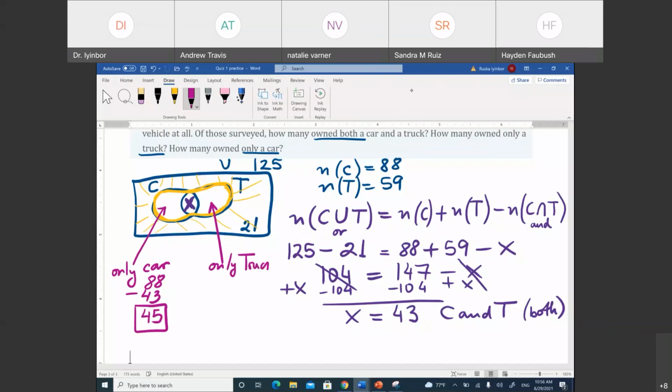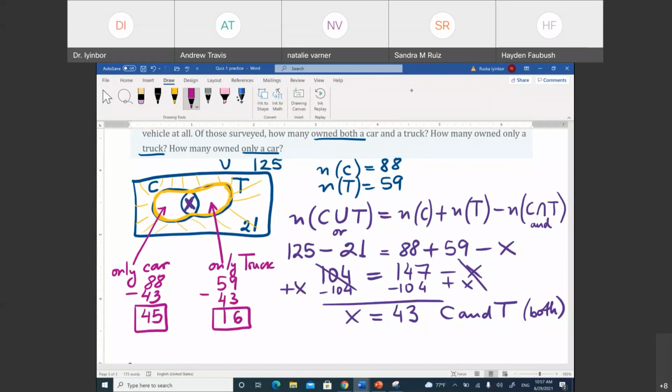Also, can you find how many own only a truck? How are you going to find it? You're going to subtract 43 from 59. 59 minus 43, that's right. So that gives me what? 16, right?